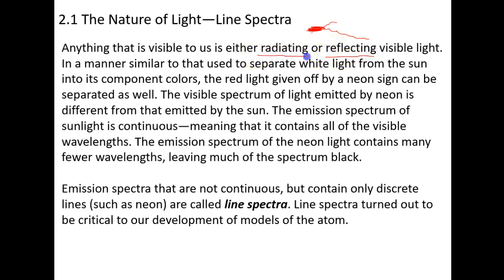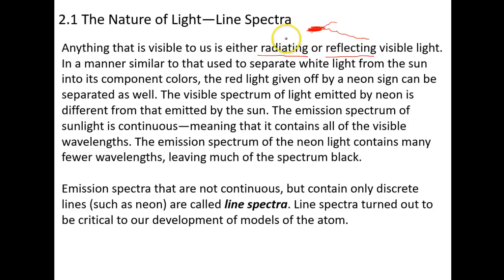The radiating part of it is if you light a firework and it goes up in the sky and explodes, and you see red colors, or green colors, or blue colors. All right, what's actually happening is the chemicals inside are absorbing the heat of the fire that's making it explode, and it's exciting the electrons into higher energy levels.